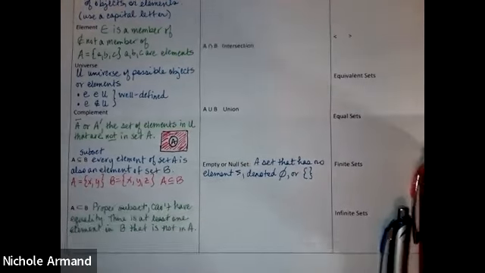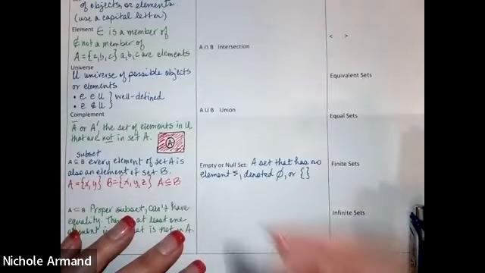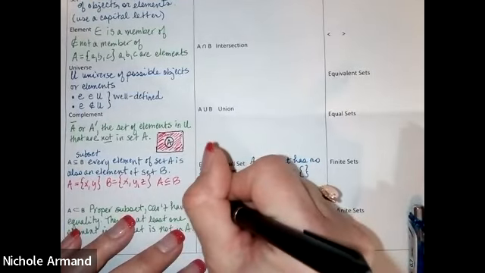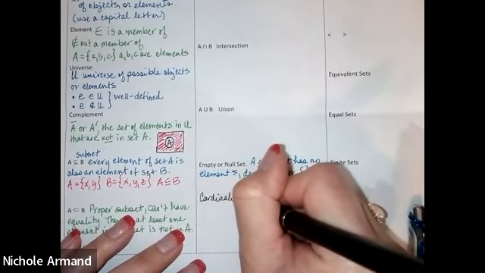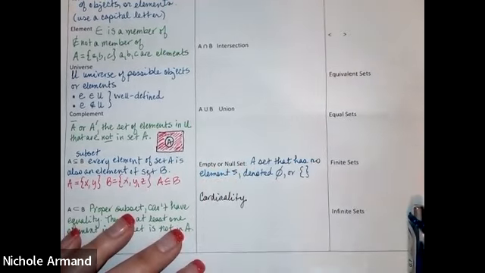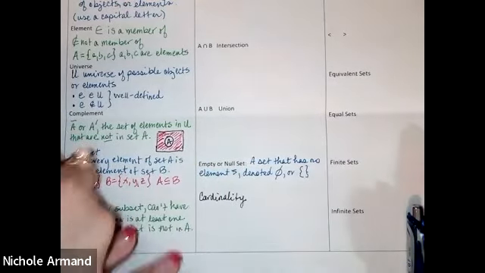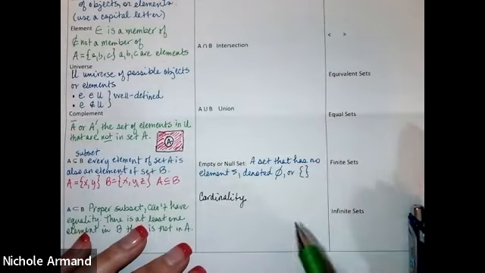And now let's add to this list the word cardinality, which is the number of elements in a set.